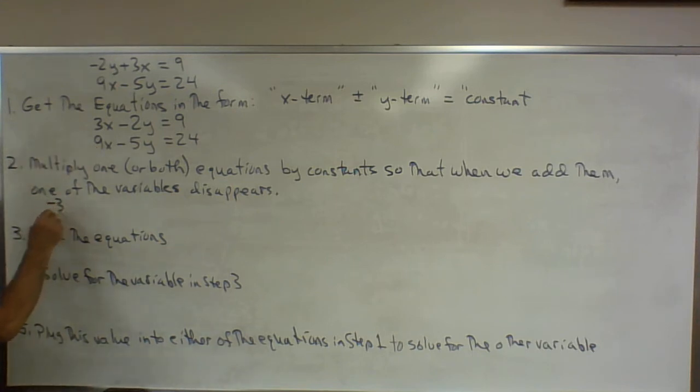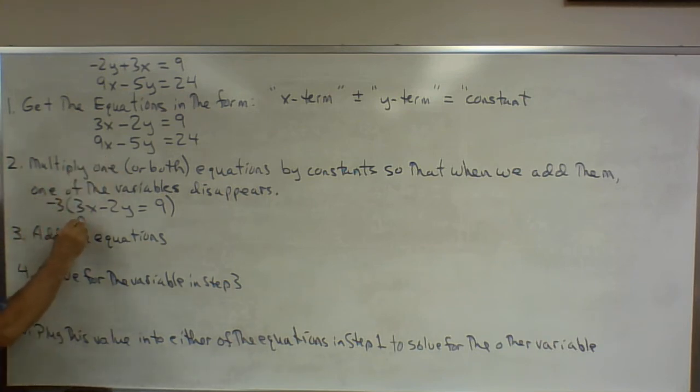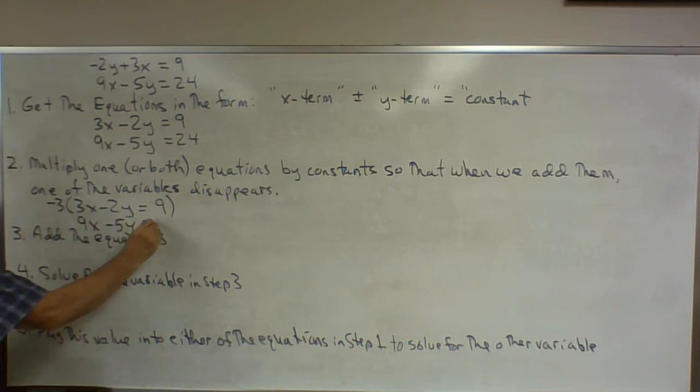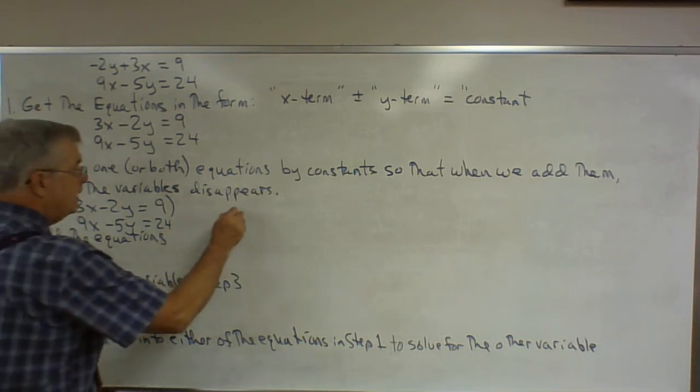So I'll take the first equation, 3x minus 2y equals 9, and I'll just multiply both sides by negative 3. The second equation is fine. I'll just keep it the way that it is. 9x minus 5y equals 24. I have negative 3 times 3x is negative 9x.